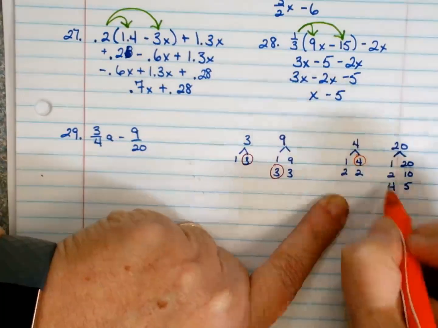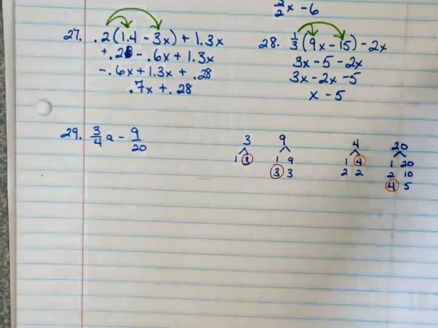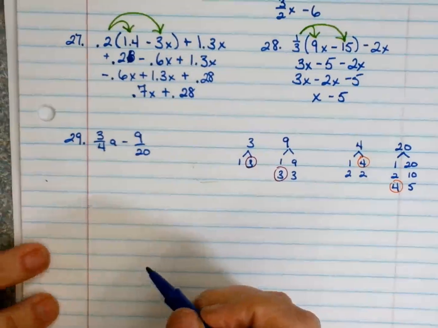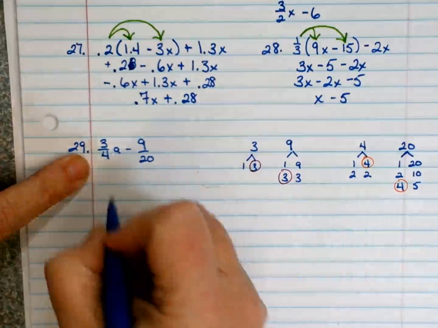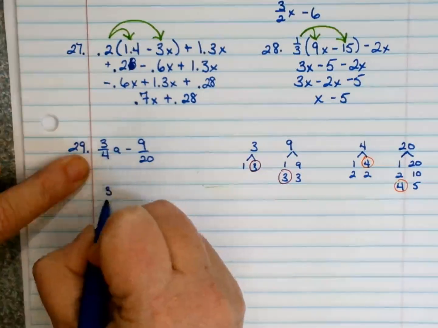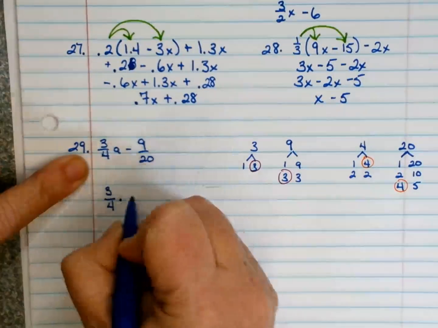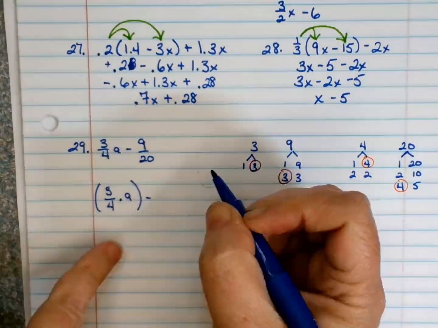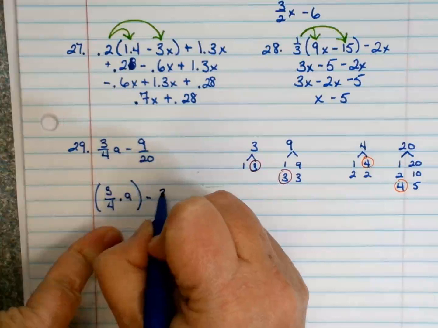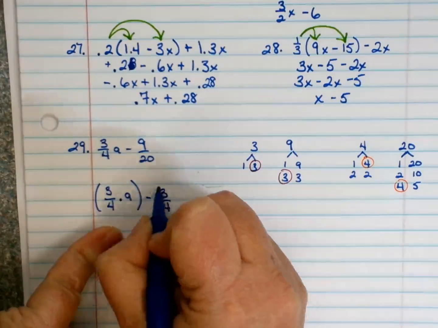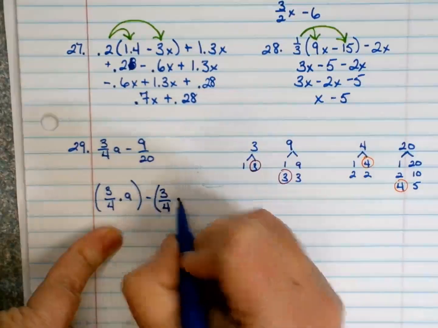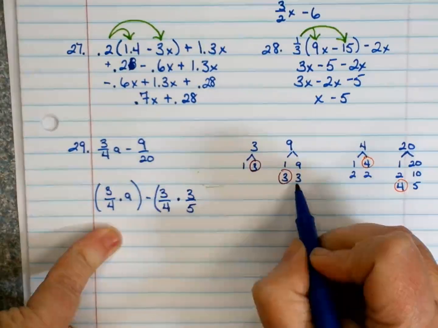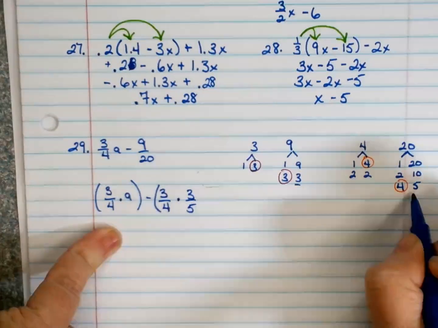So I know that I can pull a 3 out of the numerator and a 4 out of the denominator. So I can rewrite this as 3/4 times A minus 3/4. 3/4 times what gives me 9/20? Well, that's going to be 3/5, right? I have my 3 and my 5 left.